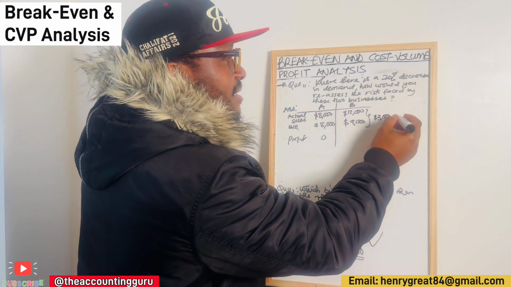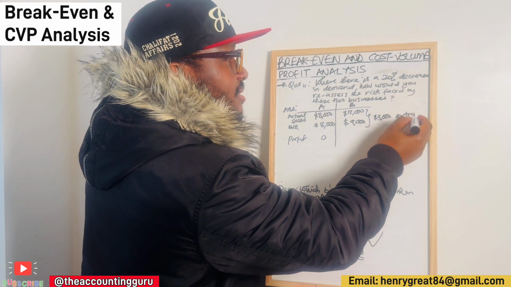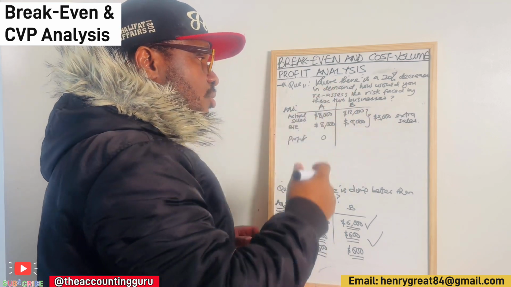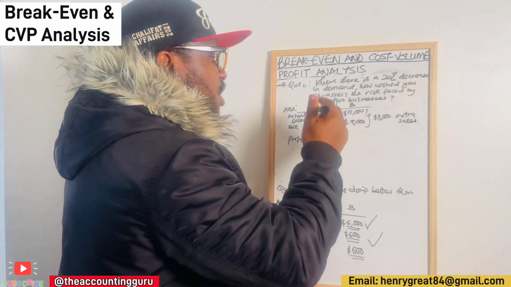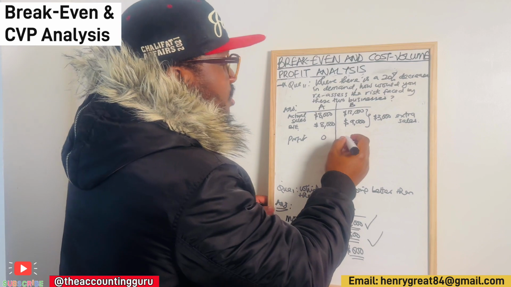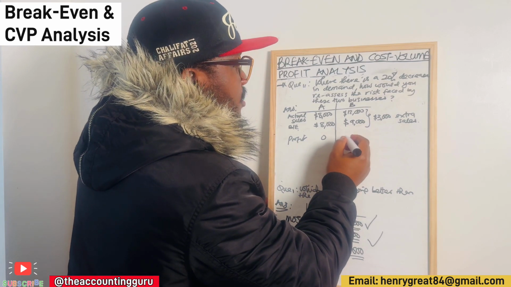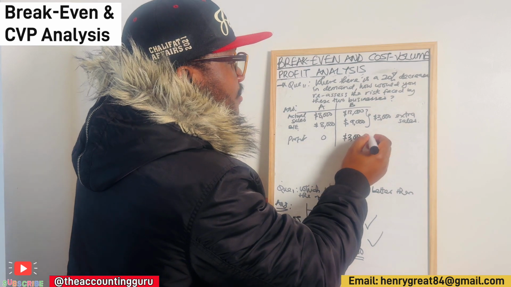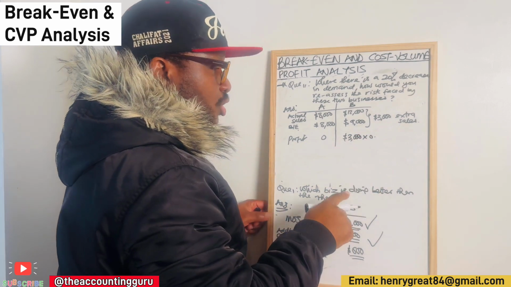This $3,000 is the extra sale. Calculate the contribution on this extra sale. The contribution on it is simple. Just say $3,000 times 0.1.